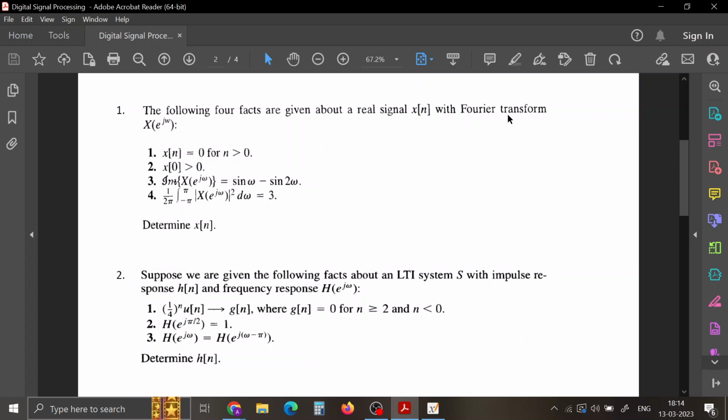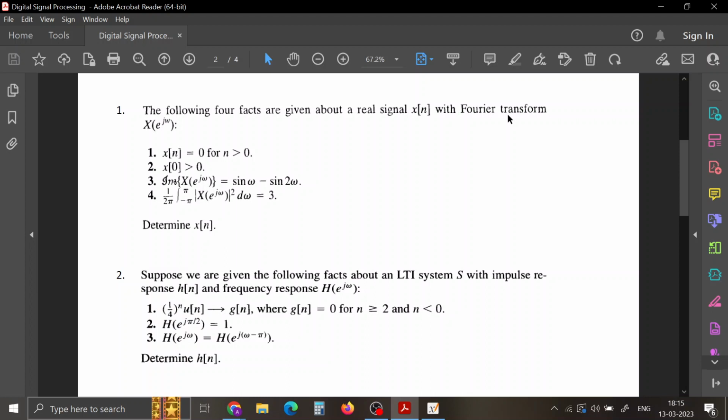The fourth gives a value for this integral: 1 by 2 pi, integration from minus pi to pi, mod square of capital X of e power j omega d omega equals 3. Given these 4 conditions and the fact that x of n is real, we need to determine x of n. So that is our job.